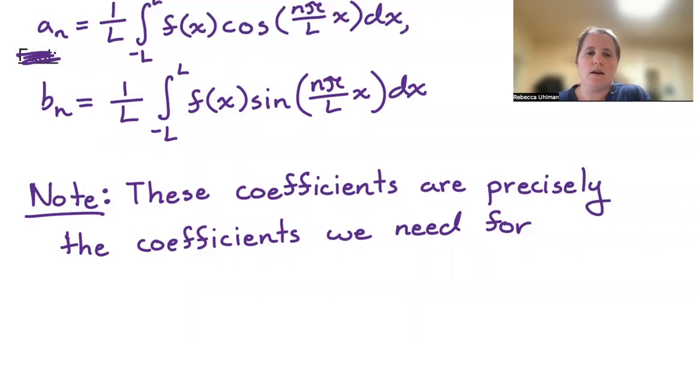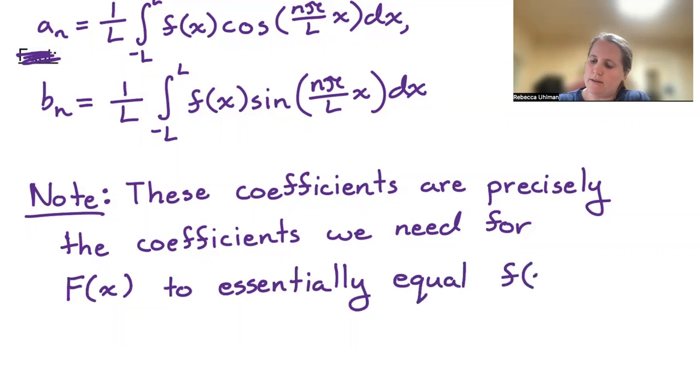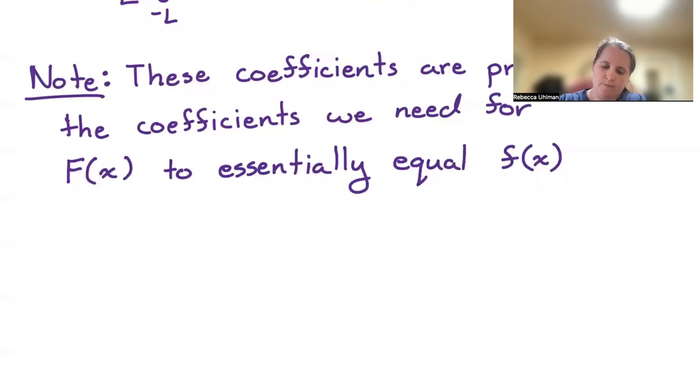And again, these are the coefficients that are needed for our Fourier series capital F of x to essentially equal lowercase f of x, the original function. So we can kind of show that briefly.